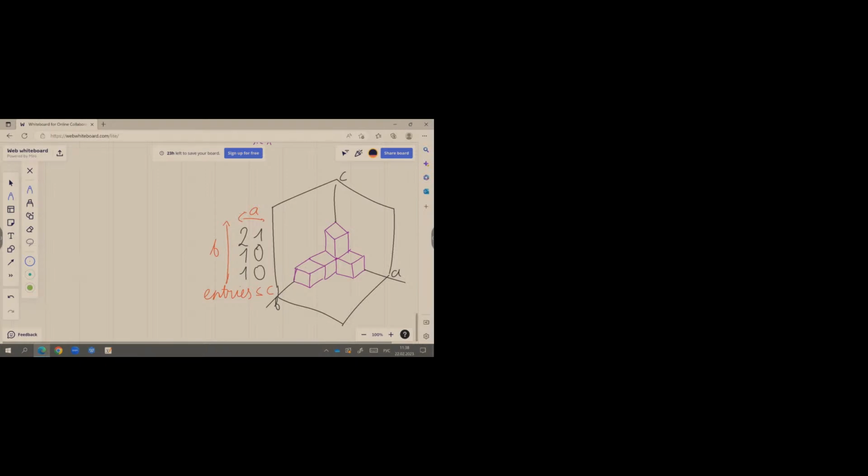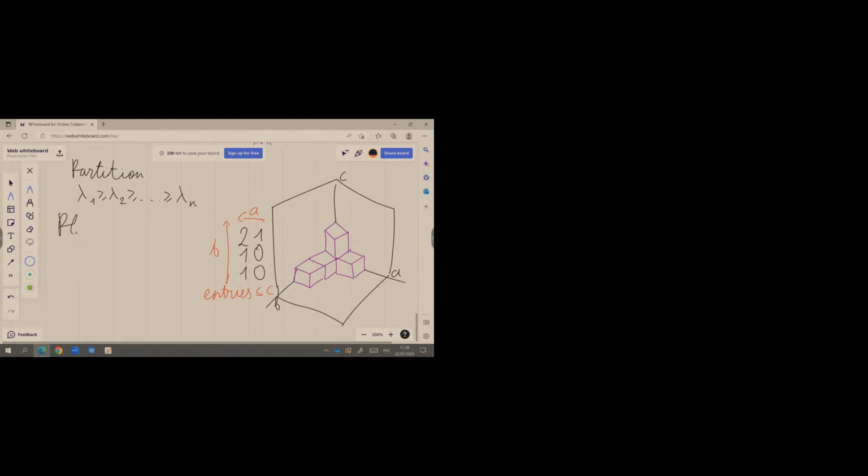So these tables are called plane partitions. So a normal partition is a non-increasing sequence of numbers lambda 1 through lambda n.